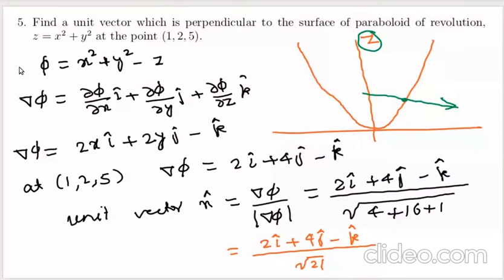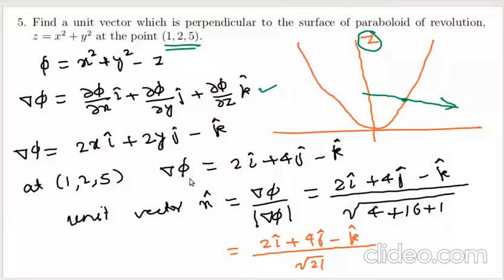So for this surface, you can simply calculate the gradient. It will be del phi by del x i cap, and like that. If you take the derivative with respect to x, y, and z, the gradient of phi will be 2x i cap plus 2y j cap minus k cap. As you are calculating this normal vector at this point, you can put these values. So your normal vector will be 2 i cap plus 4 j cap minus k cap.